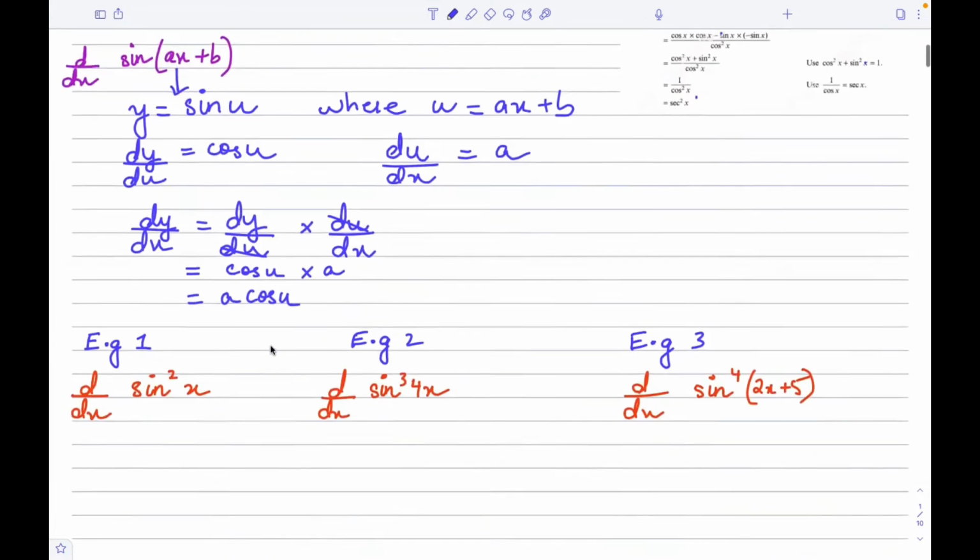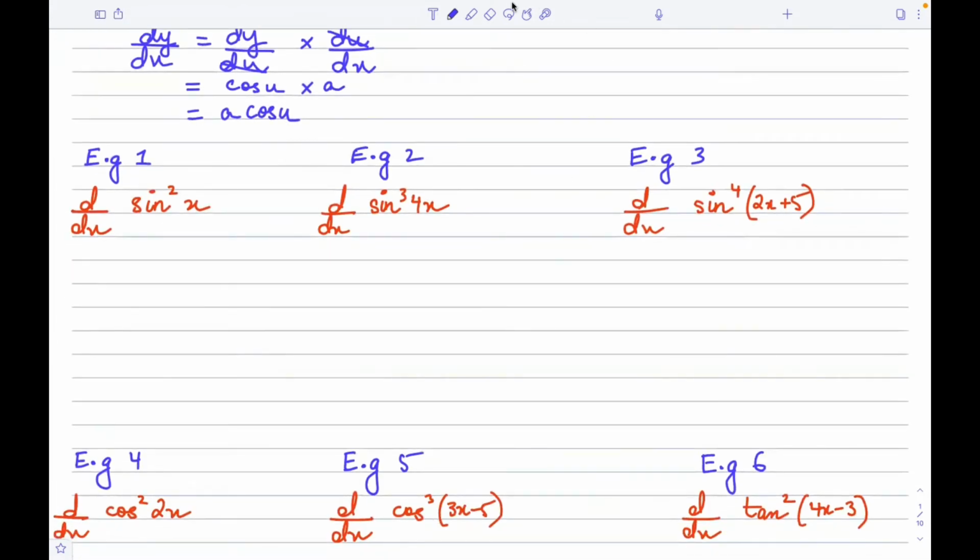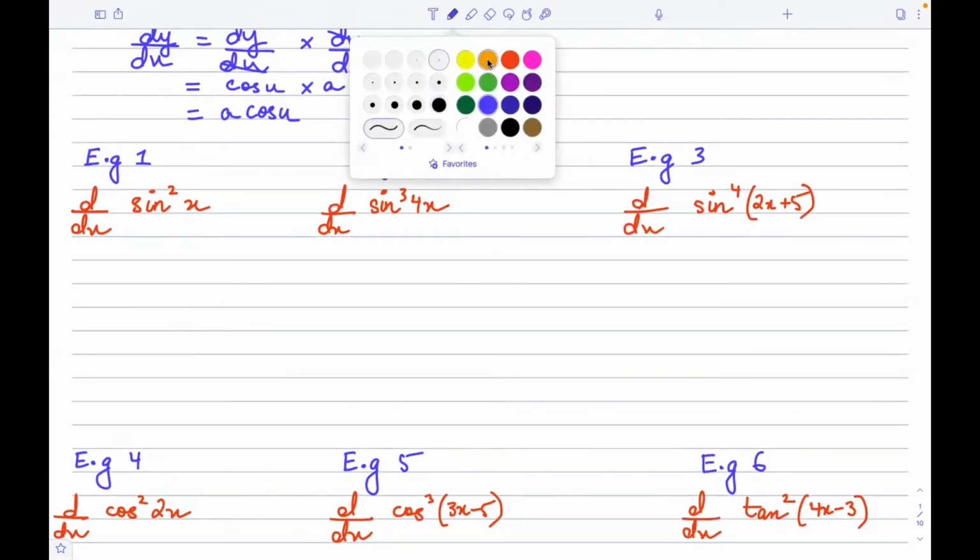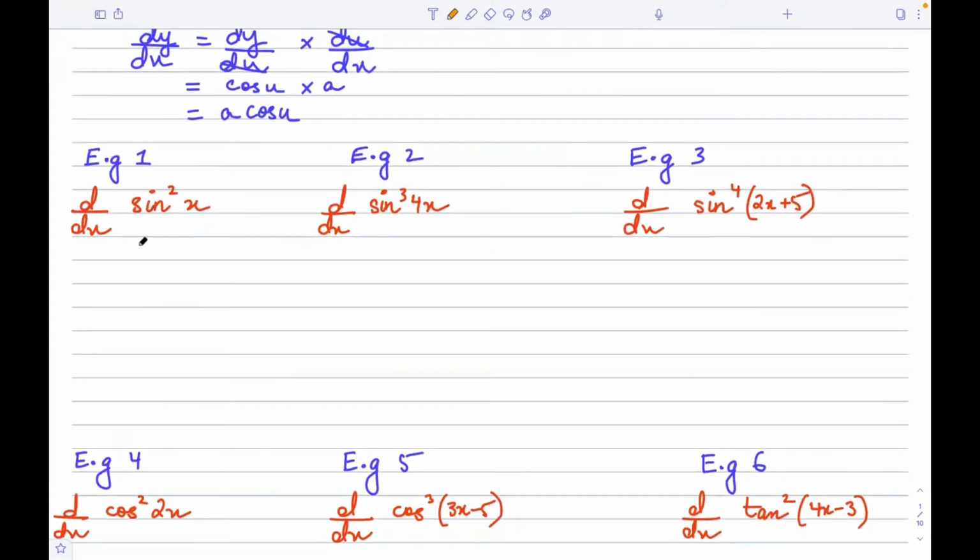Now let's have a look at a couple of examples. If we have a question of the form y equals sine squared x, it is always simpler to write sine squared x as sine x whole squared. We have learned in AS that when we differentiate such a function, we multiply the power by the coefficient, which in this case is 1.